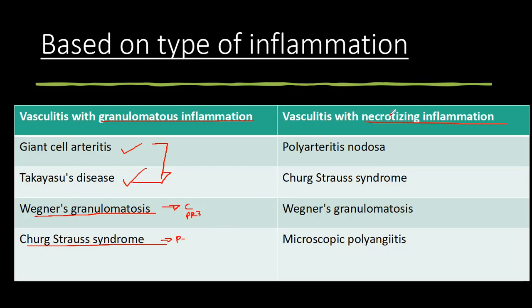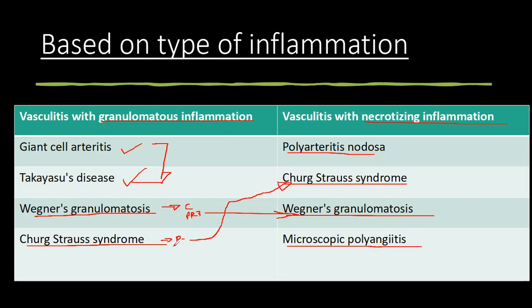Then with necrotizing inflammation, polyarteritis nodosa will be there, Churg-Strauss will also be there, Wegener granulomatosis is there, and microscopic polyangiitis. Now, I want you to note that Wegener granulomatosis, now also known as granulomatosis with polyangiitis, and Churg-Strauss syndrome display both types of inflammation.